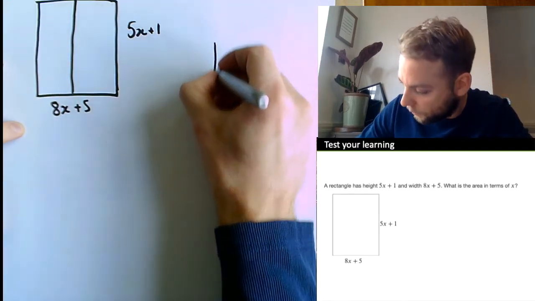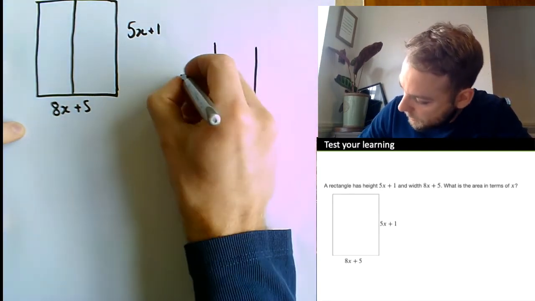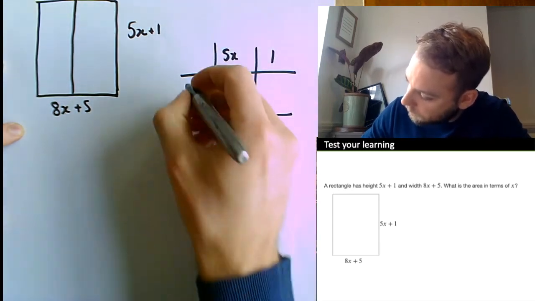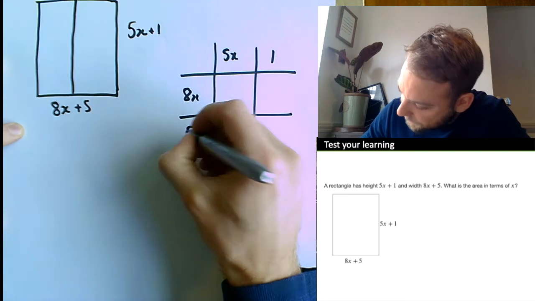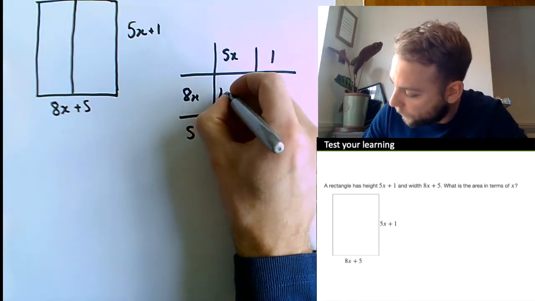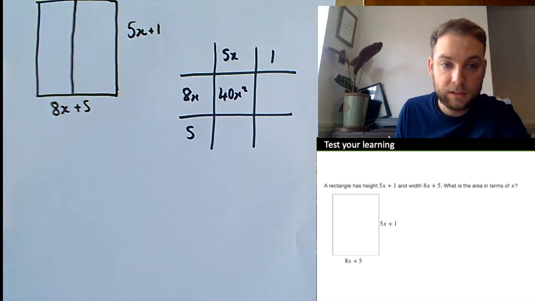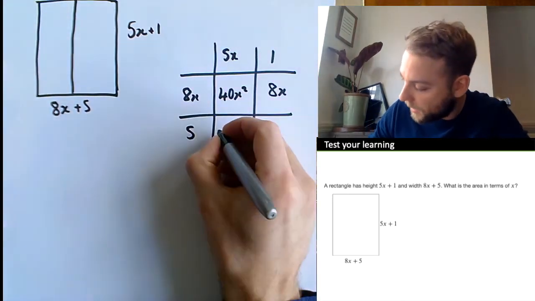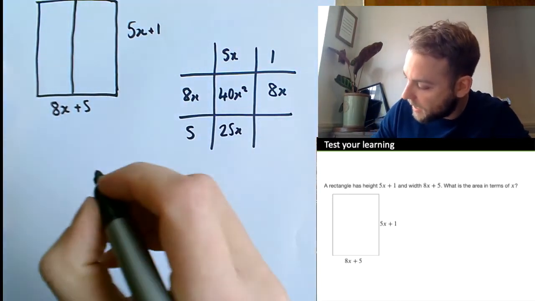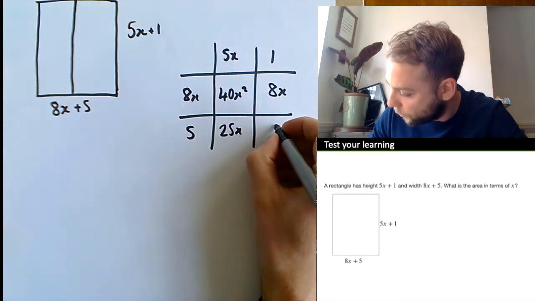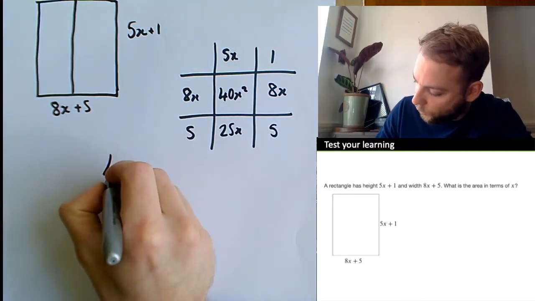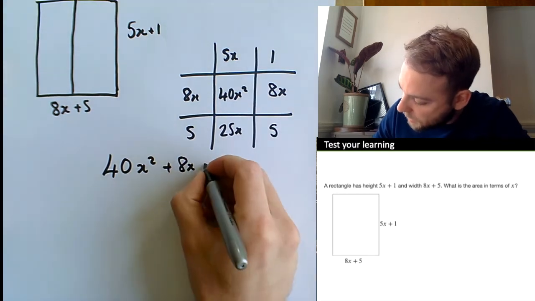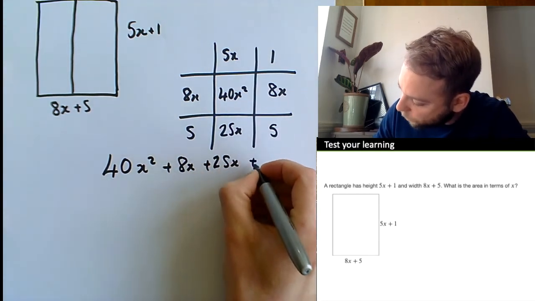You can even split this up if you want. I should probably do it in the grid, actually. 5x, 1, 8x, and 5. 8 times 5 is 40x squared. 8 times 1 is 8x, 5 times 5 is 25x, and 5 times 1 is equal to 5. 40x squared plus 8x plus 25x plus 5.